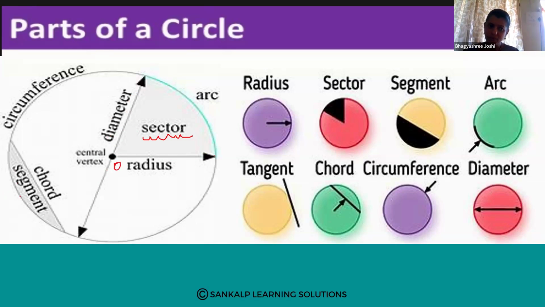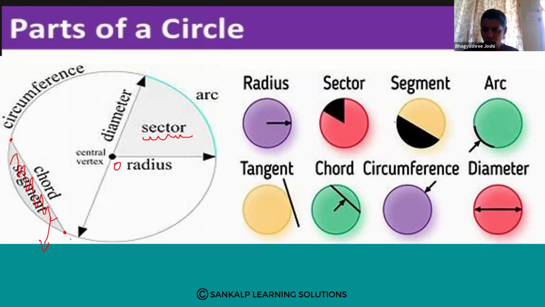And the line segment joining 2 points on the circle is called a chord. This part is an arc. And the area enclosed between the chord and the arc we call a segment.